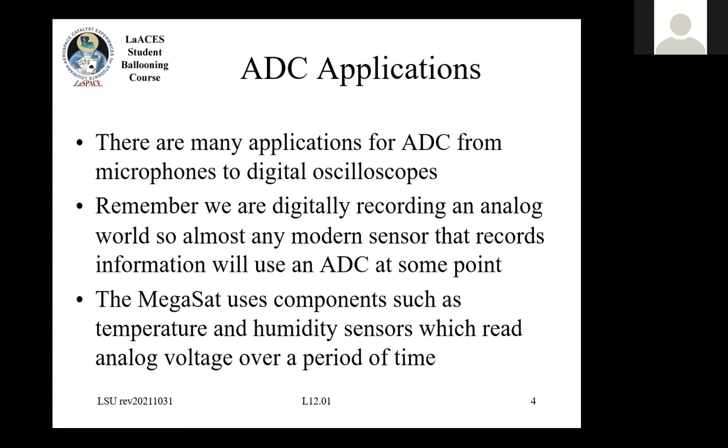So as you can imagine, you pretty much use this almost everywhere. Any sort of microphone that you're going to record sound with is going to use an ADC. Oscilloscopes, unless you were using an old cathode ray tube oscilloscope, you were probably using a digital oscilloscope, which means it had to convert the voltage that you were hooking up to the channels to a digital signal.